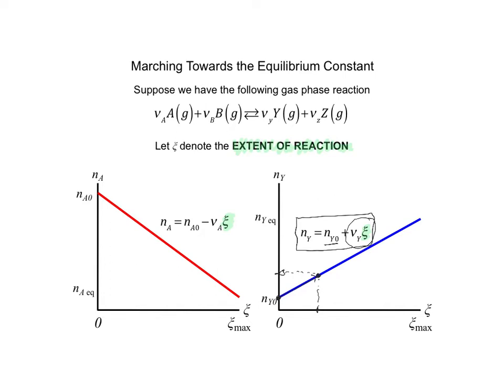And since the component y is a product, the amount is increasing, and so we are adding. Whereas over here, A is a reactant, it's being used up, and so we are subtracting the moles that react. This is really just a fancy way of showing stoichiometry.